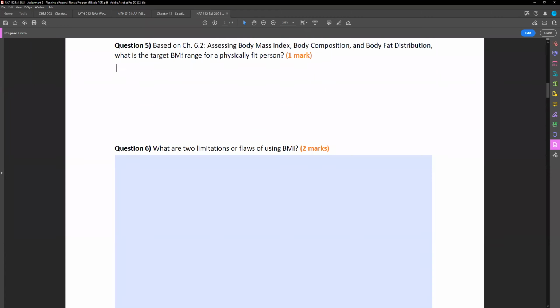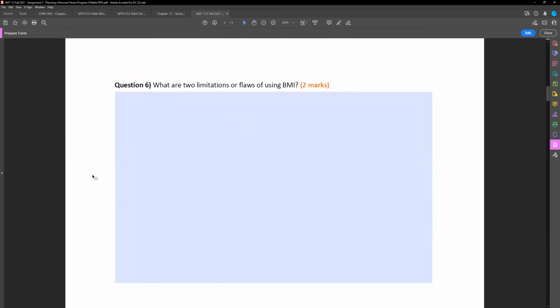The reason I have BMI here is because you might be setting a particular target BMI as your goal for your fitness program. So you might want to talk about it, and this is having you think about that BMI. So what are 2 limitations or flaws? Again, a short, quick answer.